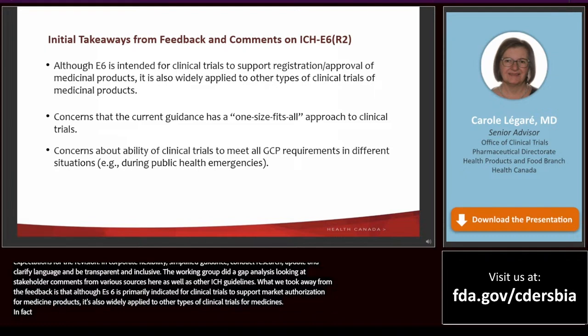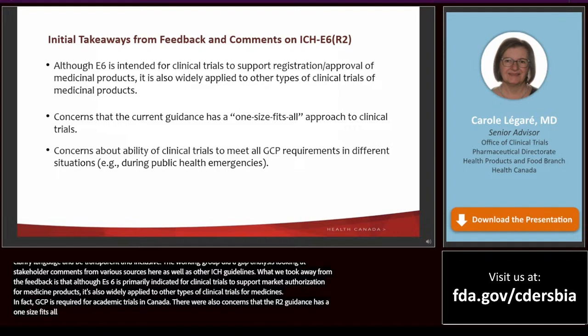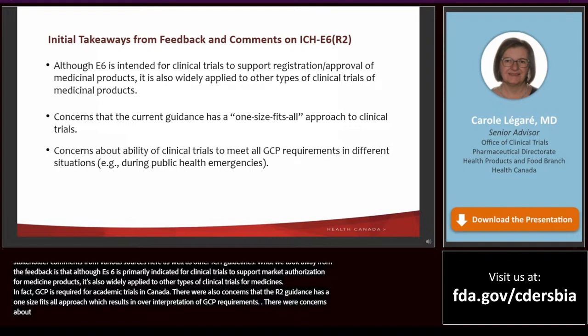In fact, GCP is required for academic trials in Canada. There were also concerns that the R2 guidance had a one-size-fits-all approach with resulting over-interpretation of GCP requirements. There were concerns about the ability of clinical trials to meet all GCP requirements in different situations, such as those we saw during the pandemic.